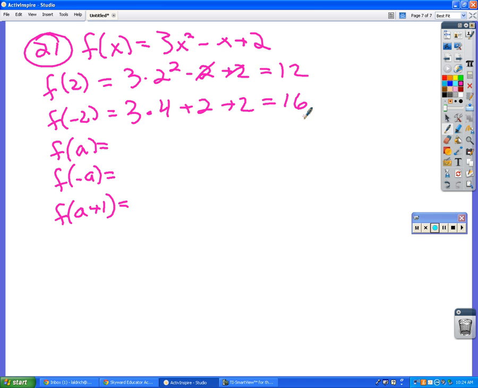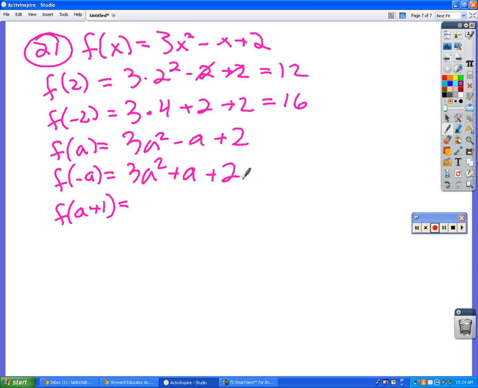And then f of a is going to be the exact same thing with a's in there instead of x's. And then f of negative a, this is going to stay as 3a squared because negative a times negative a is still a squared. But this negative and this negative will cancel out and make that plus a plus 2.